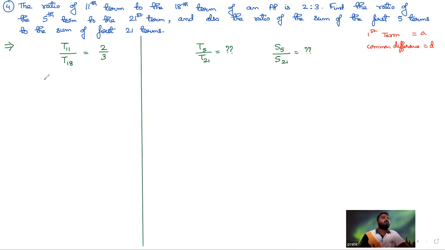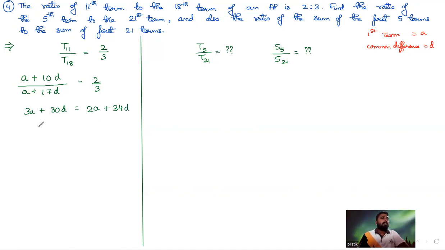T11 is nothing but a plus 10d divided by a plus 17d, which is equal to 2 by 3. Correct? So cross multiply the two. You will get 3a plus 30d is equal to 2a plus 34d.